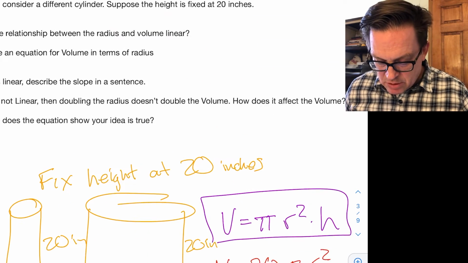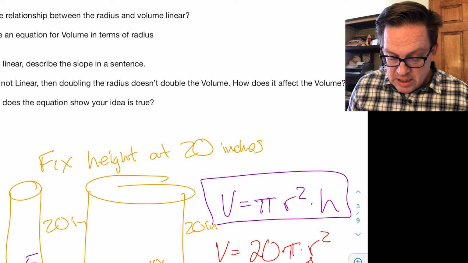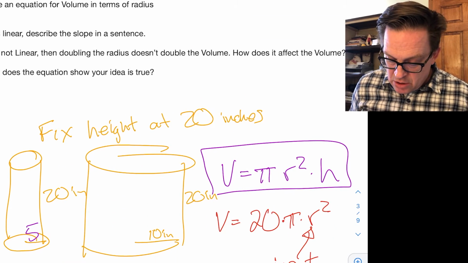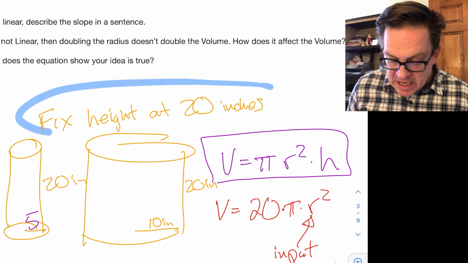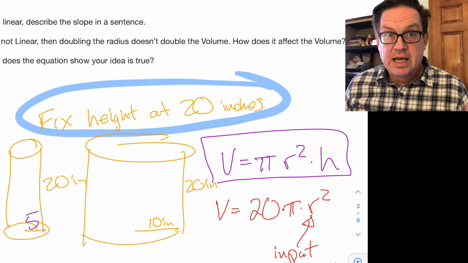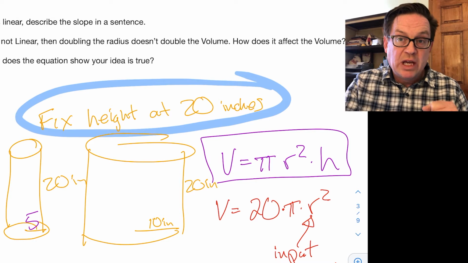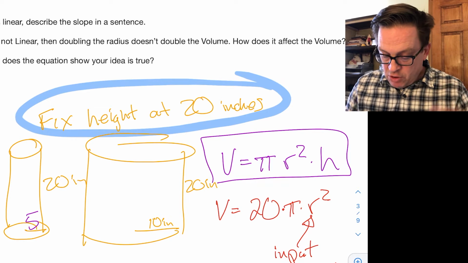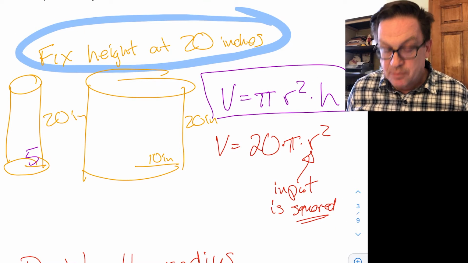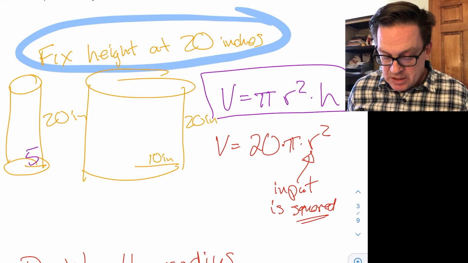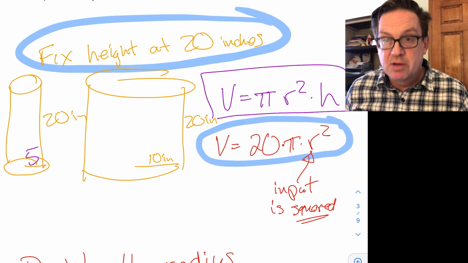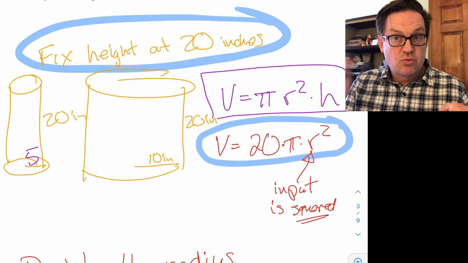So how does that happen in the other case? If I fix the height at 20 inches, and now my relationship is between the radius and the volume. If I fix my height, then here's my formula for the volume in terms of just the radius.